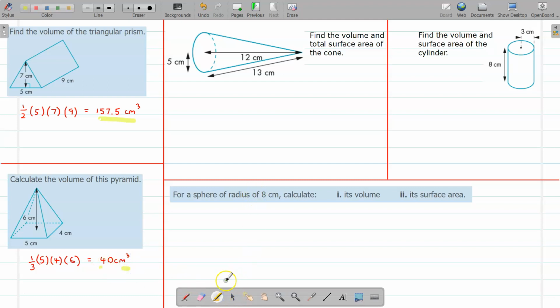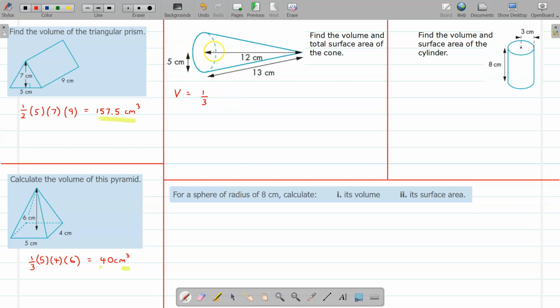Now we move on to this question, which is about a cone, and we've got to find the volume and total surface area of the cone. So there's two things to find out. The volume of the cone is given by the formula 1/3 of the area of the base times the height.